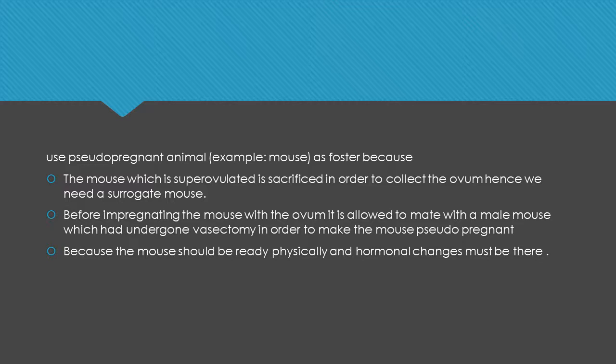This is to make the mouse pseudo-pregnant, because they are mating with a male mouse that has undergone vasectomy. This process is important to make the female mouse ready, not only physically but also with hormonal changes, to have a successful progeny of transgenic mouse or transgenic animals.